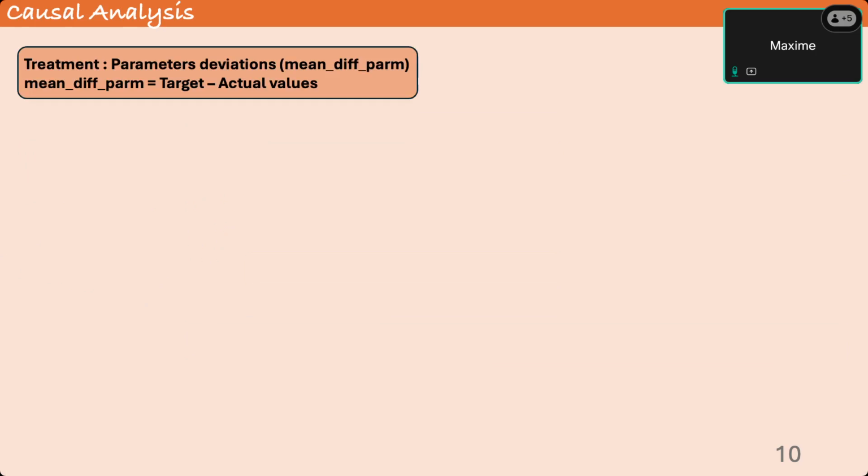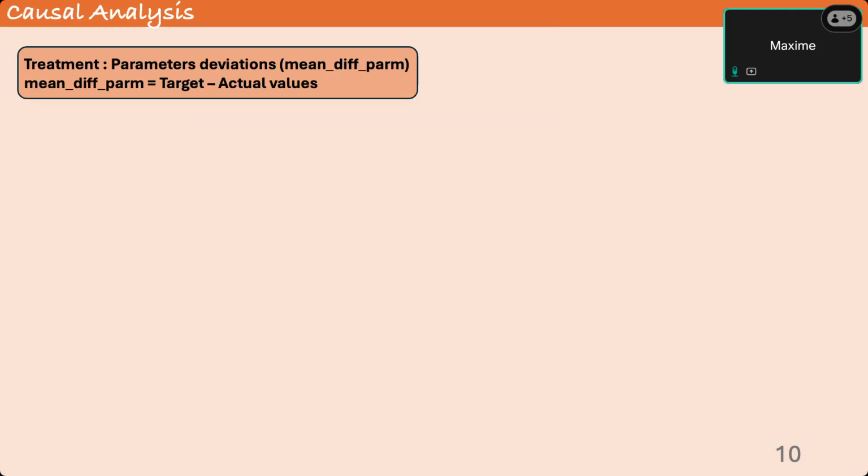As I said, for the causal analysis, we have 2 quantities, the treatment and the outcome. Coming to our research, as treatment we use the parameter deviation, which is the target minus the actual value.